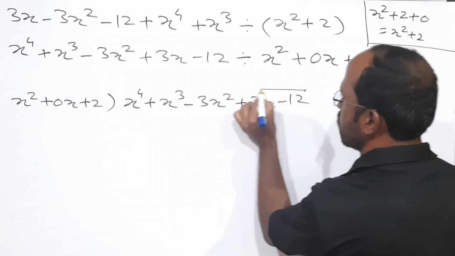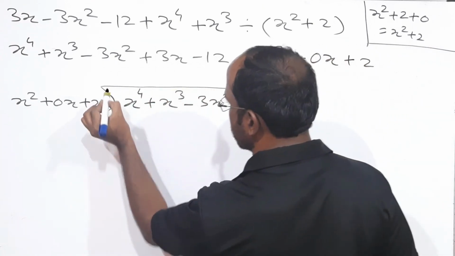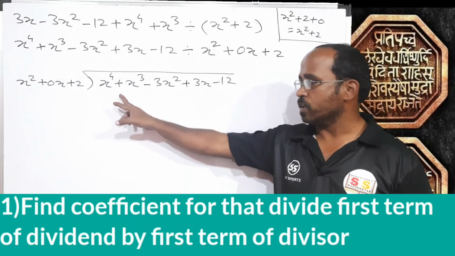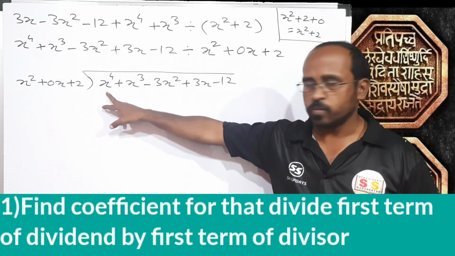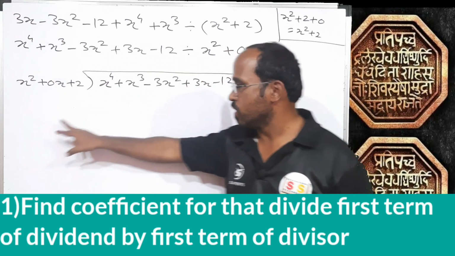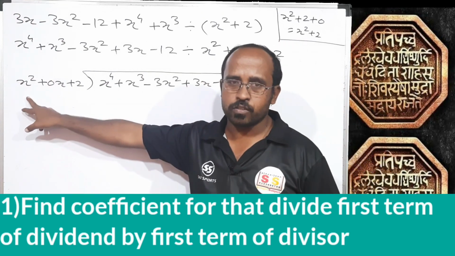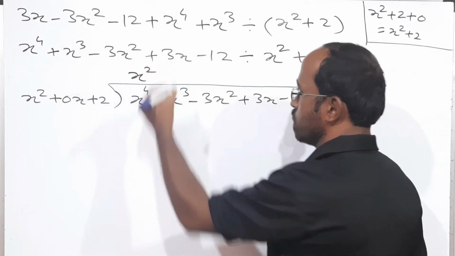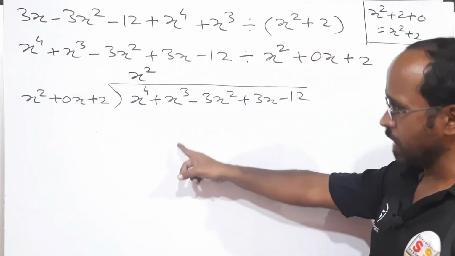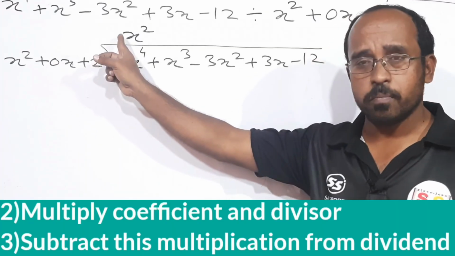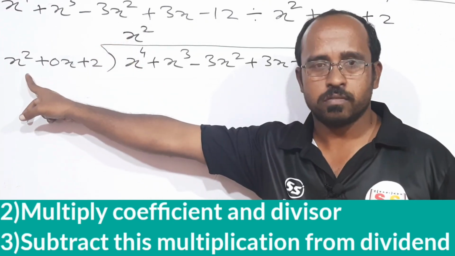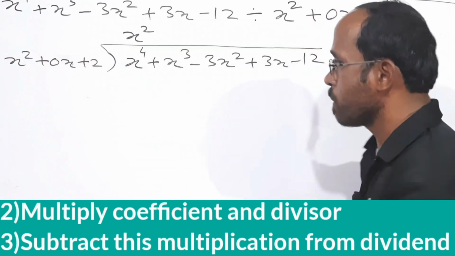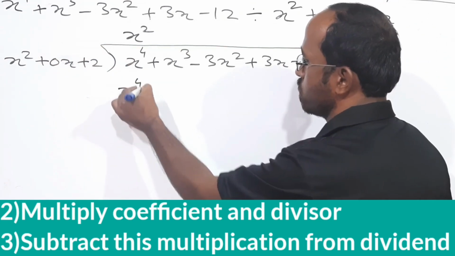So what is the process of division? First of all, we have to find the quotient. To find the quotient, divide the first term of this by the first term of the divisor. So x raised to 4 divided by x square, answer is x square. Clear? Then subtract the multiplication of this quotient and this divisor. So x square multiplied by x square, x raised to 4.